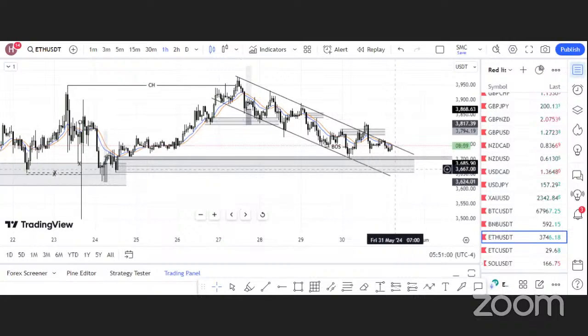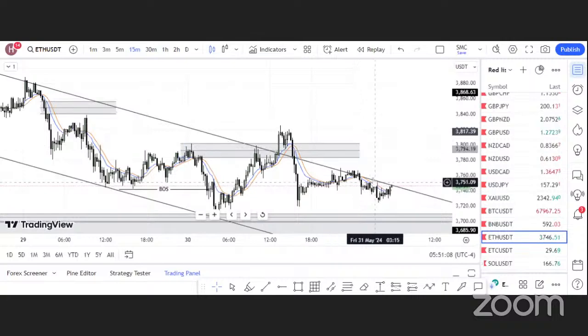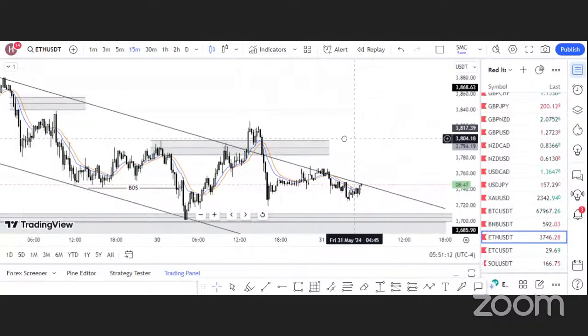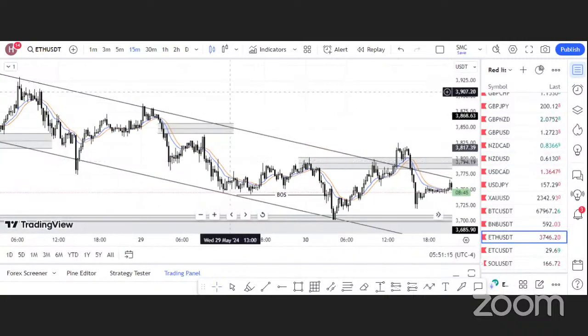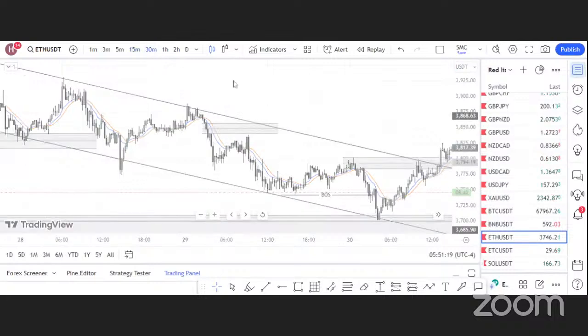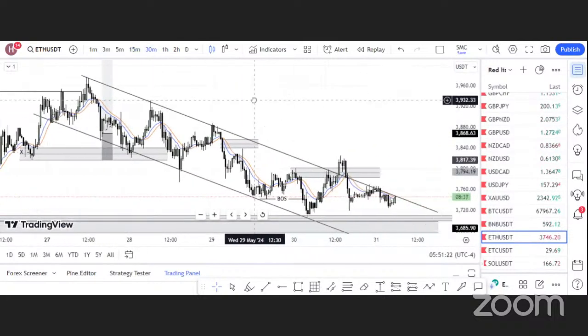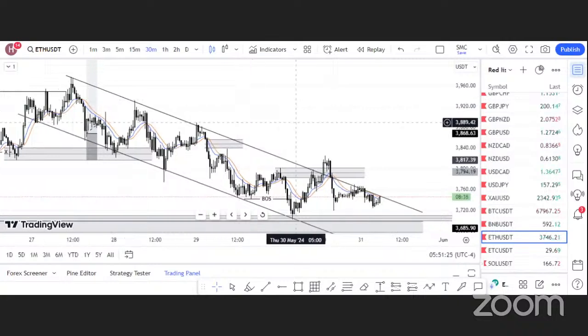So since we already know we have another block here, let's go down to the lower time frame. Let's see if the upper trend line is going to be respected. We've had several areas where the market had previously rejected the trend line.